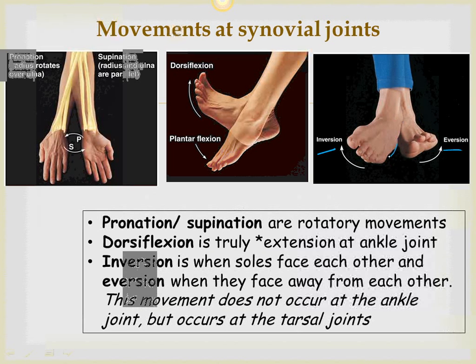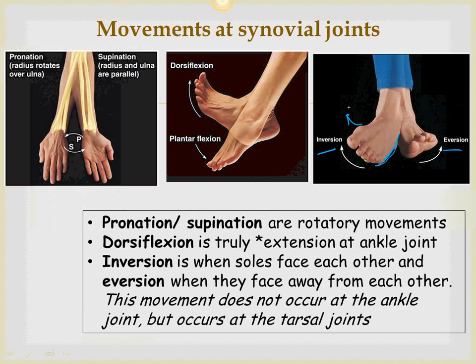So see, you're standing along the lateral border of your foot and the sole is facing towards the midline. So it faces towards the midline, or if you did it with both feet, then both the soles will face each other. And eversion is when you're standing along your medial border and the sole is facing away from the midline.